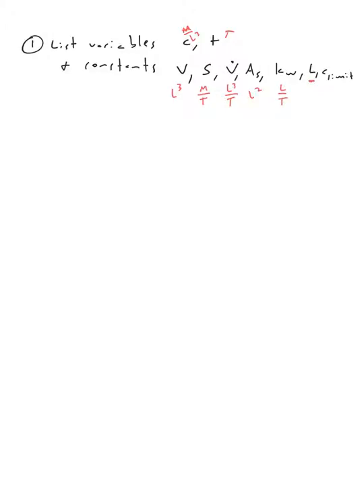We have L, that is length. And we have C limit, which is mass per length cubed. So clearly the primary dimensions we are dealing with here are mass, length, time.